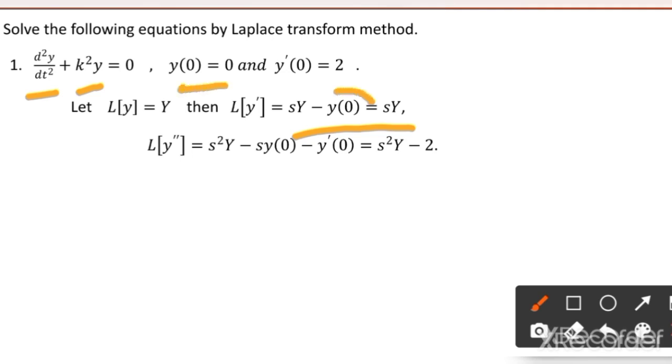Since y of 0 is 0, the Laplace transform of y dash is s into capital Y. The Laplace transform of y double dash is s square Y minus s into y of 0 minus y dash of 0. Y of 0 is 0, y dash of 0 is 2, so I get s square Y minus 2. After applying Laplace, the equation is the Laplace transform of y double dash plus k square times the Laplace transform of y.